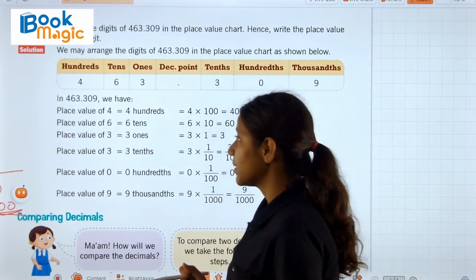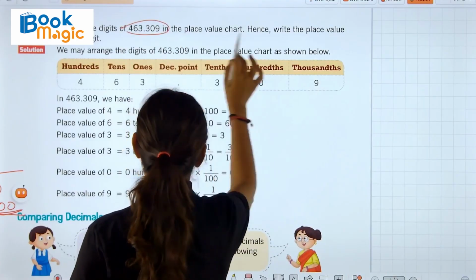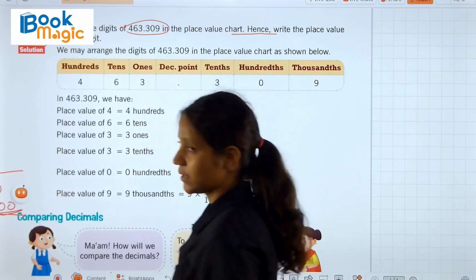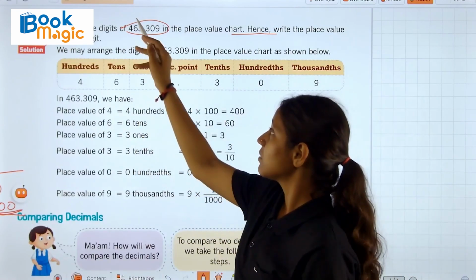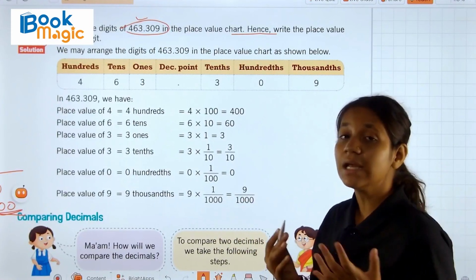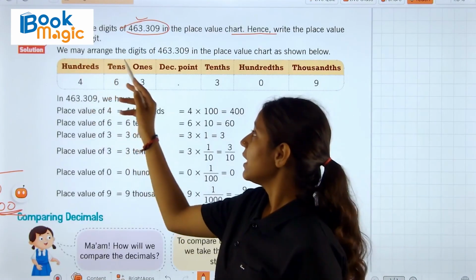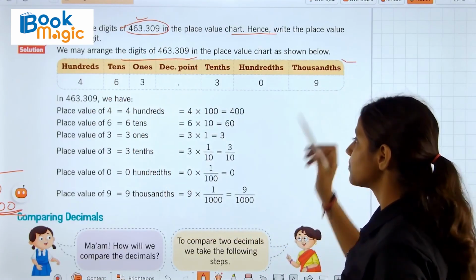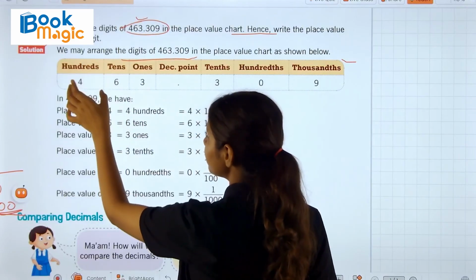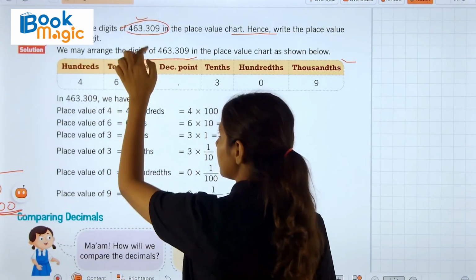Now we have example number 5. Arrange the digits of this number in the place value chart and write the place value of each digit. So first we have to write this number in a place value chart, then we have to tell the value of each particular digit. We may arrange the digits like this: 463.309. So 4 is at the hundreds place, 6 is at the tens place, 3 is at the ones place.